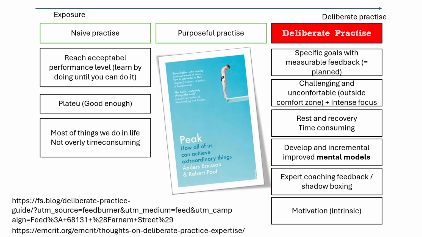And then you can build on those mental models and get a little bit further quicker. And how do you pick out an expert coach? Well, in certain areas like classical music, there's a very strong pathway to expertise and deliberate practice, right?